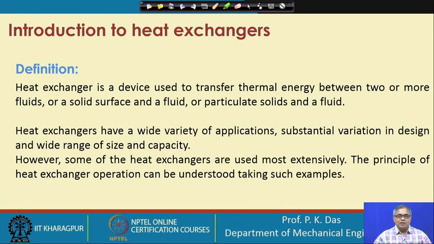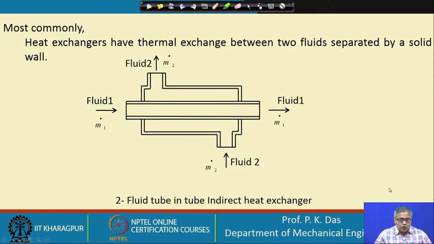Let us take the most basic construction of a heat exchanger and try to understand how a heat exchanger operates. Most commonly, heat exchangers have thermal exchange between two fluids. Though we have given a general definition, that it can be heat exchange between a number of fluids, or between a fluid and a solid, most heat exchangers will have only two fluids.